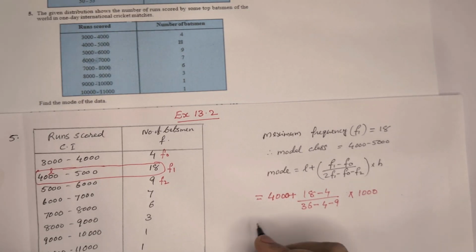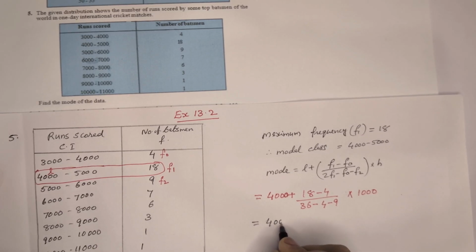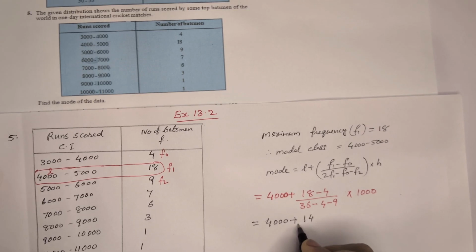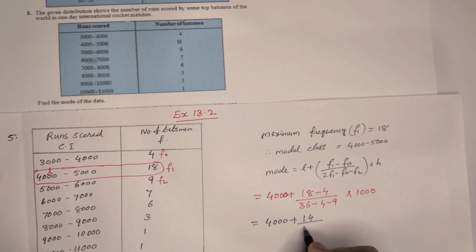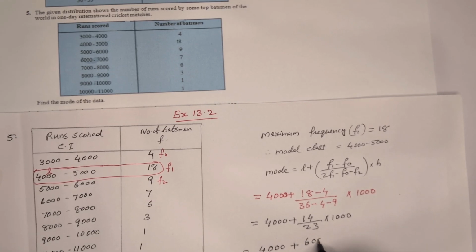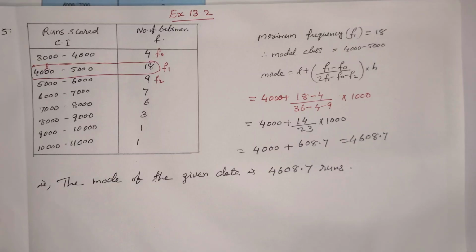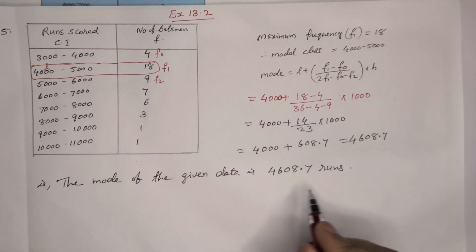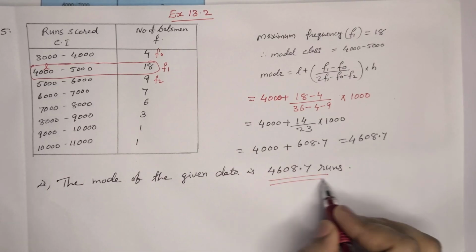So when we are calculating that, it is equal to 4000 plus 18 minus 4, that is 14 by 23 into 1000, which is equal to 4000 plus 608.7, which is equal to 4608.7. That is, the mode of the given data is 4608.7 runs.